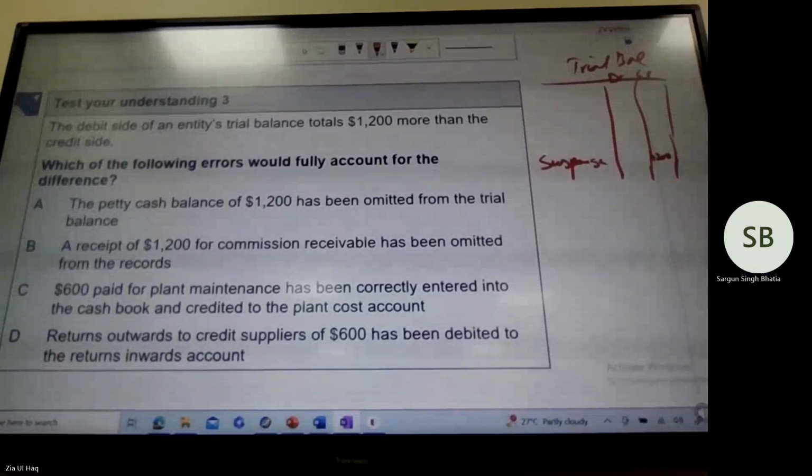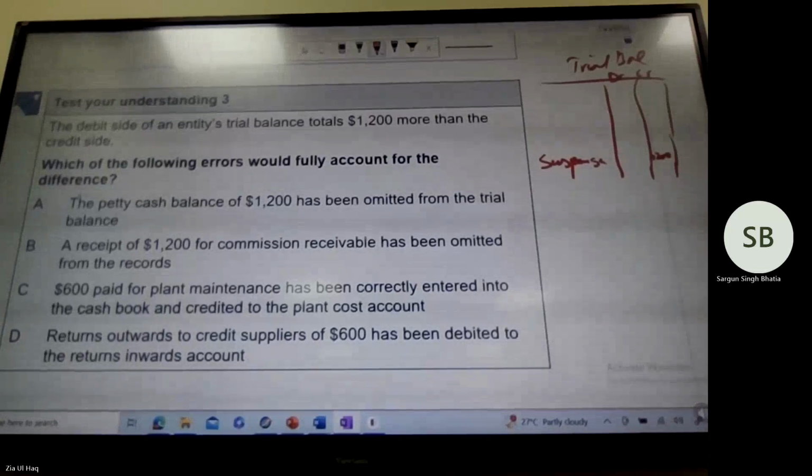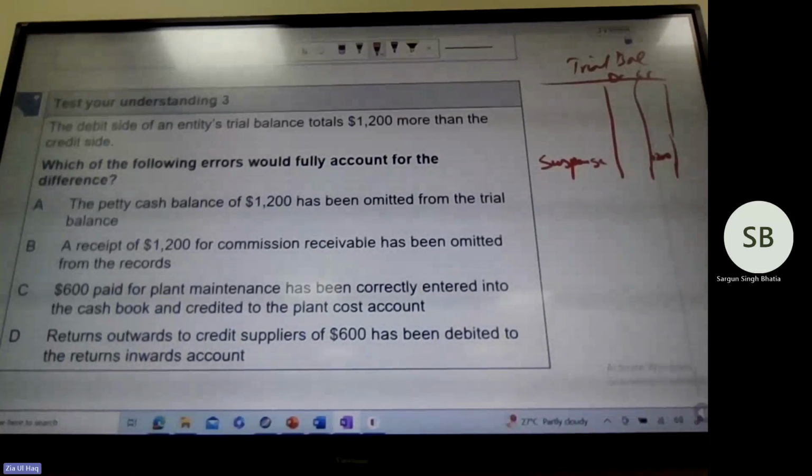Which of the following errors would fully account for the difference? How can we eliminate this 1200 difference? The petty cash balance of 1200 has been omitted from the trial balance.